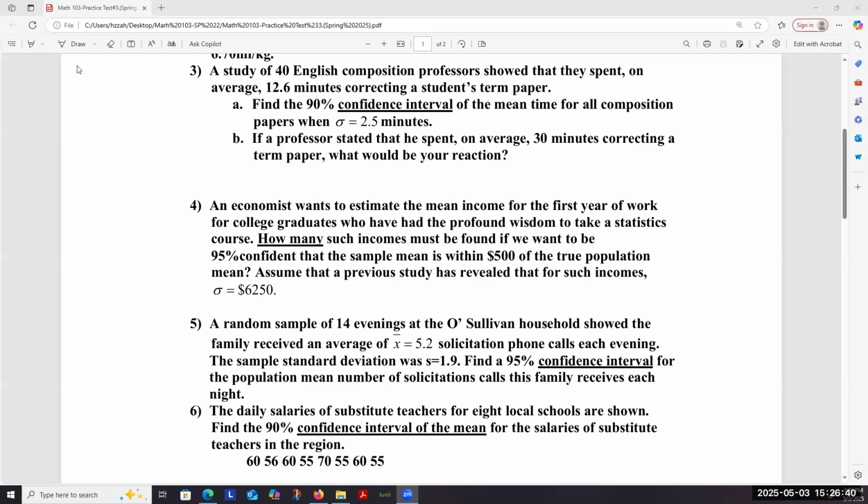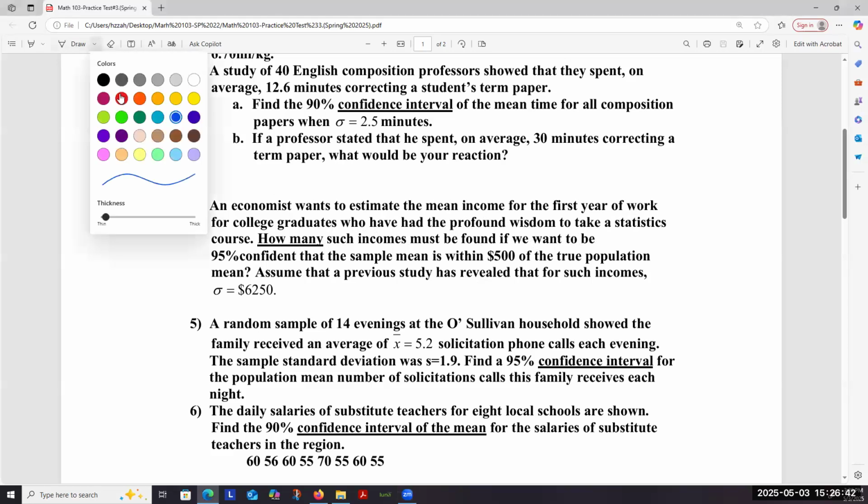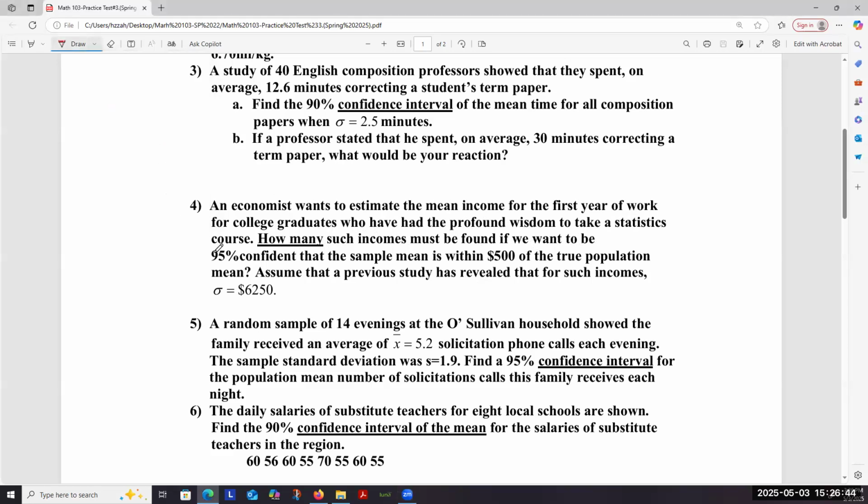Okay, so for this type of problem, the only numbers that would be given to you are 3 numbers. This is 95%. This would be E, within. You see, within means E, the estimate. So this is E, this is 95%, and the sigma. So what you have to find for us is N.